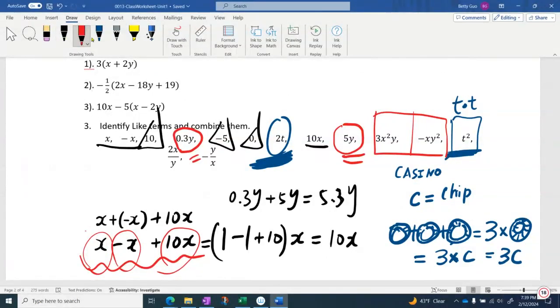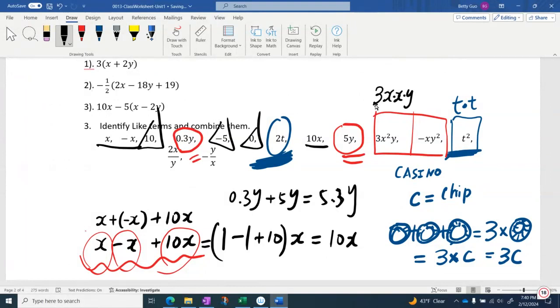Let me dissect them, let me break down the structure. So 3x squared y, the first one, actually is 3 times x times x times y. As I said, what is a term in general?